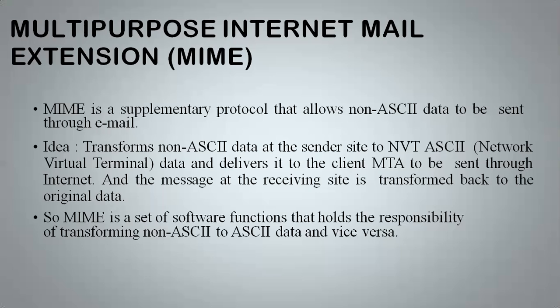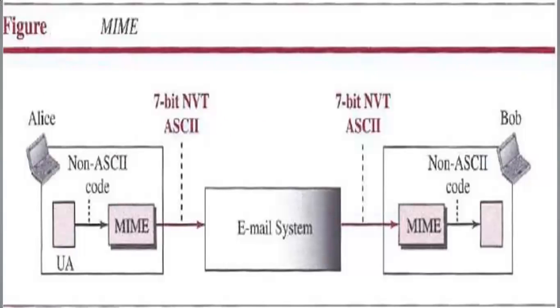It is a set of software functions that holds the responsibility of transforming non-ASCII data to ASCII data and vice versa. This diagram shows how MIME is used to send non-ASCII code from sender to receiver.